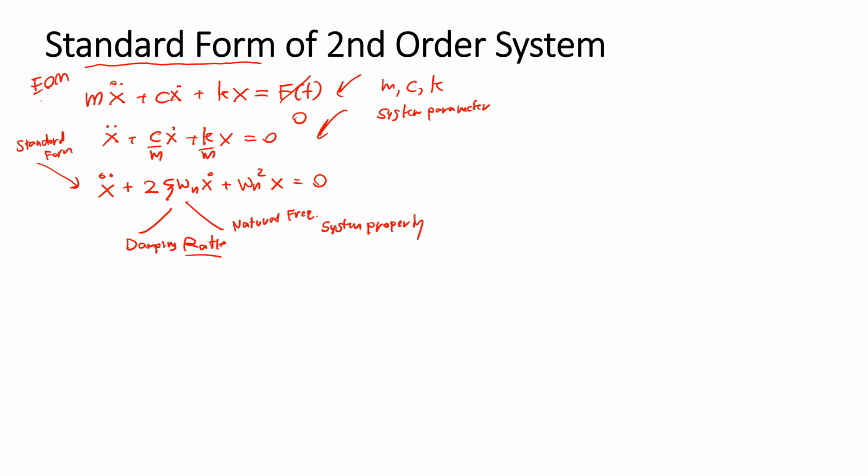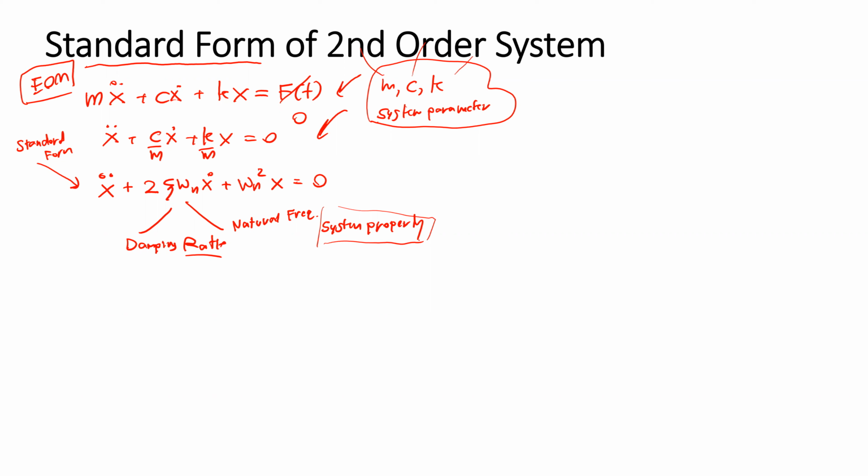The initial form of the equation of motion is derived in terms of system parameters. System parameters mean what we can measure from the components of the system. We can measure the spring stiffness and the mass. We have the information of the damping coefficient, but the properties of the system will give the information of how the system is going to vibrate.